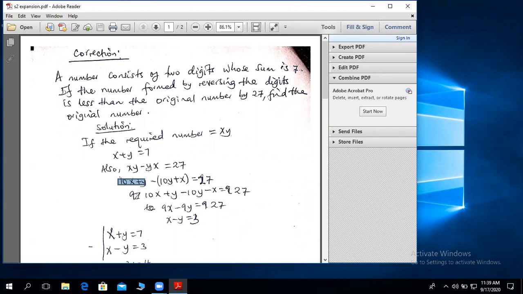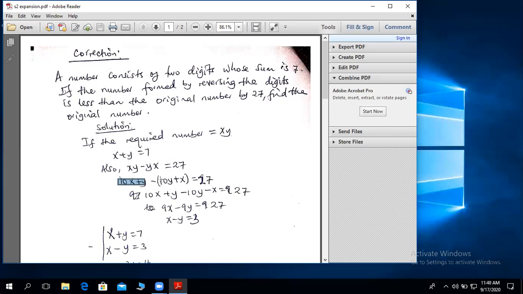We have yx, but the base is 10, so the power on x is 0 and the power on y is 1. So that one becomes 10y plus x. However, some of you failed from here when you forgot to put this in bracket. The whole number, we are subtracting it.